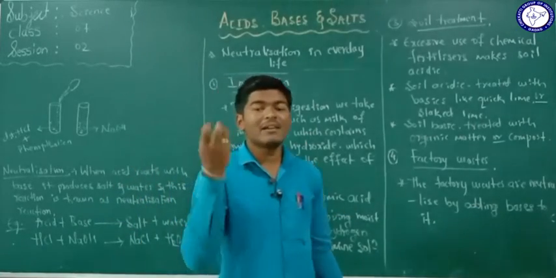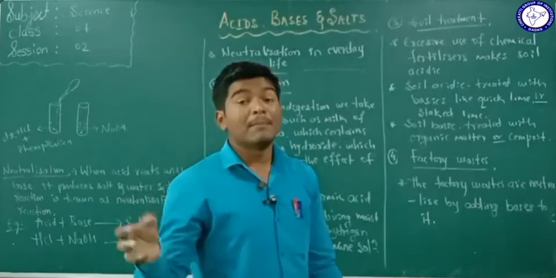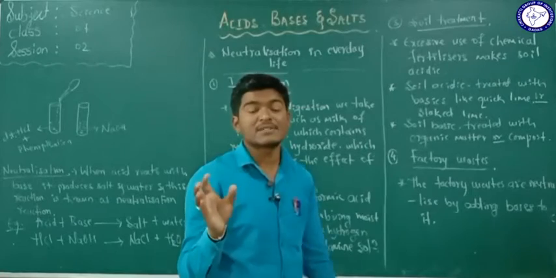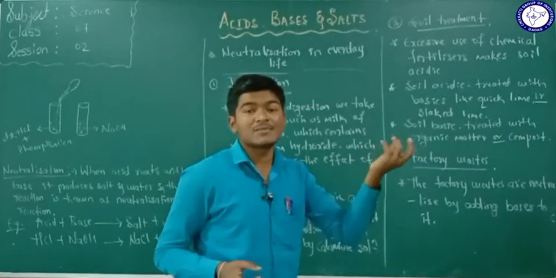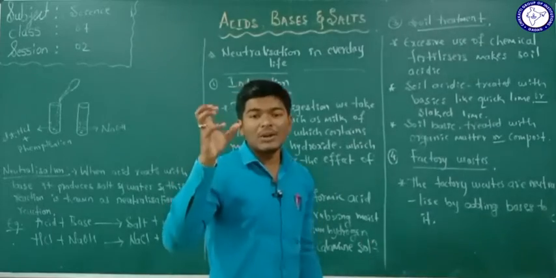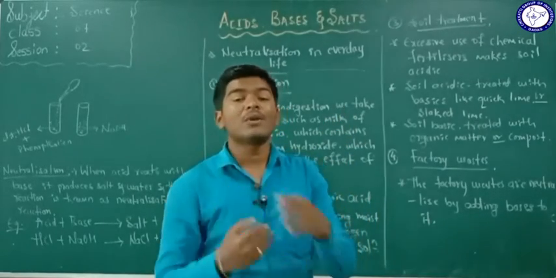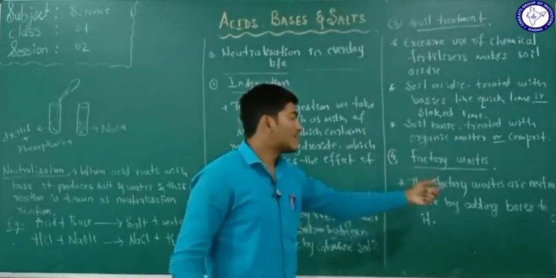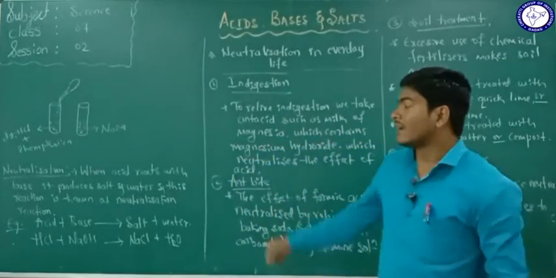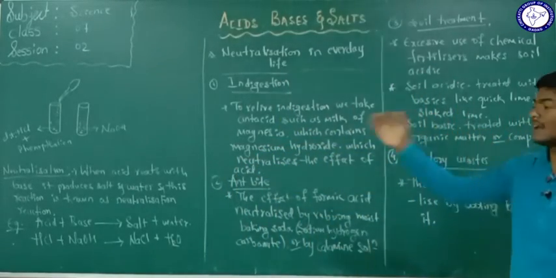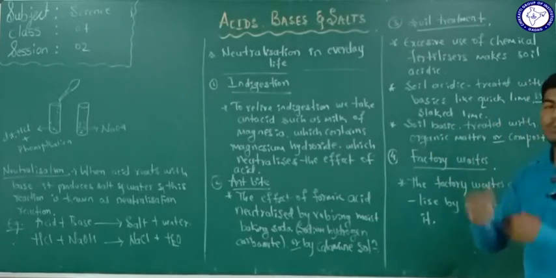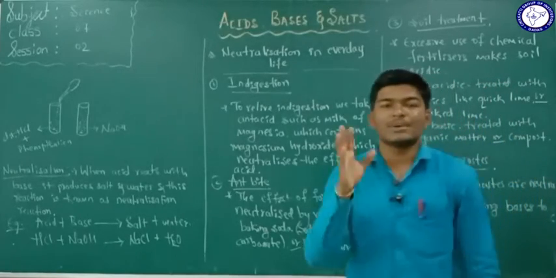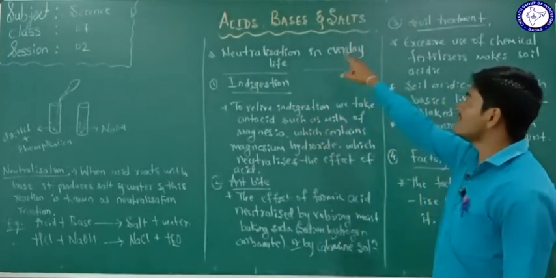Those sources contain organisms, living beings, but the acids present in the factory waste are very harmful to those organisms, and may kill the fishes or the organisms present in the water. So to control the acidity of that factory waste, we are going to add some bases to neutralize the acidic property of the factory waste. So it is another use of the neutralization effect, that neutralization is used to neutralize the factory waste, isn't it?